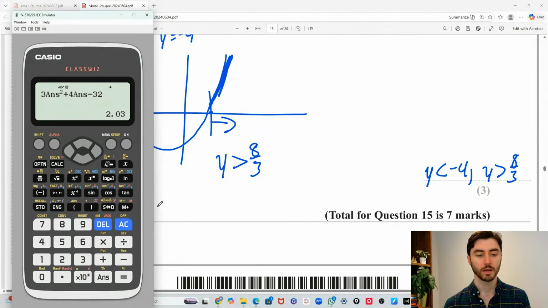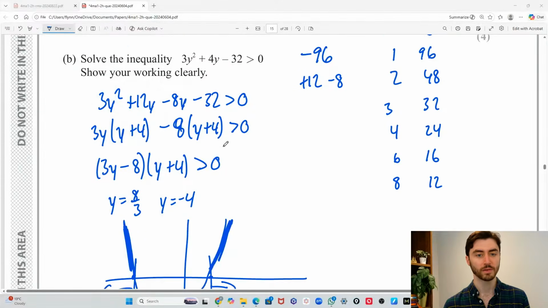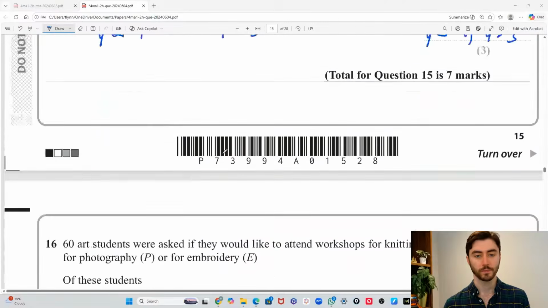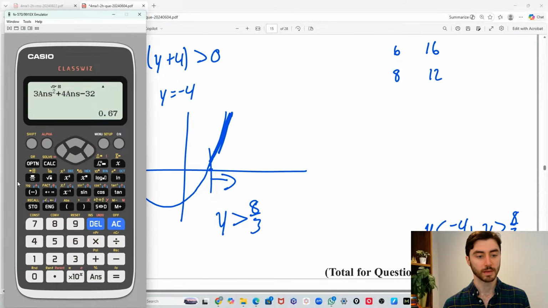And here, something slightly bigger. So 8 over 3 is 2.6. So let's put in 2.7. So that's a number a little bit bigger. So 3 answer squared plus 4 answer minus 32 is bigger than 0. So I have got my signs the right way around.